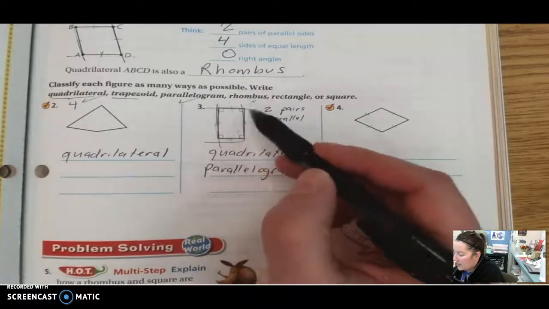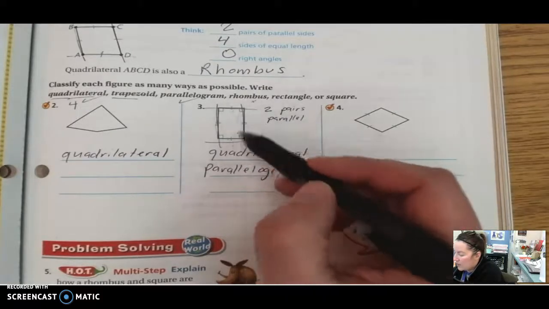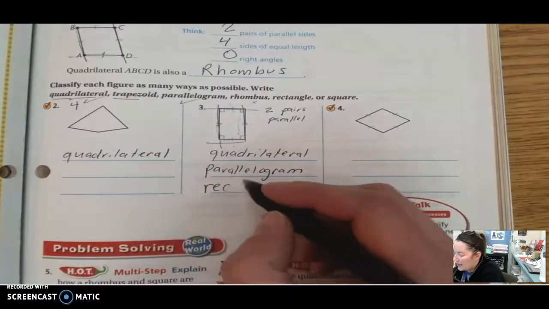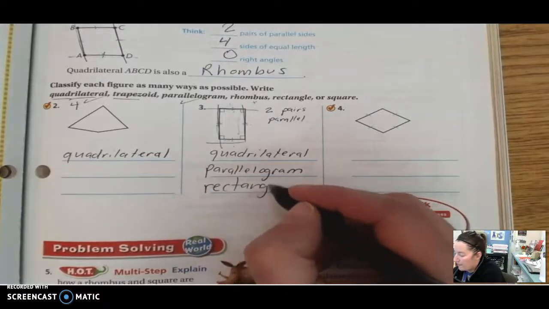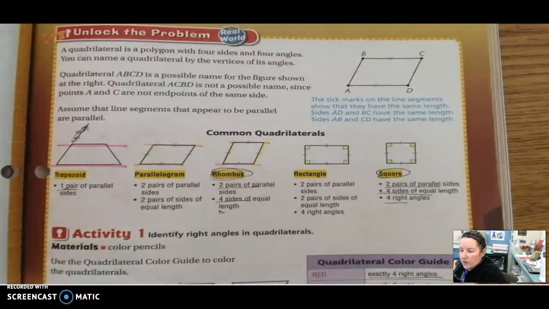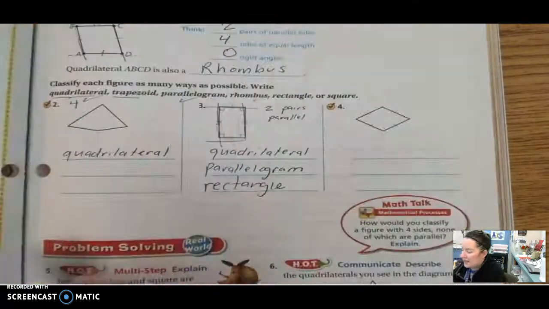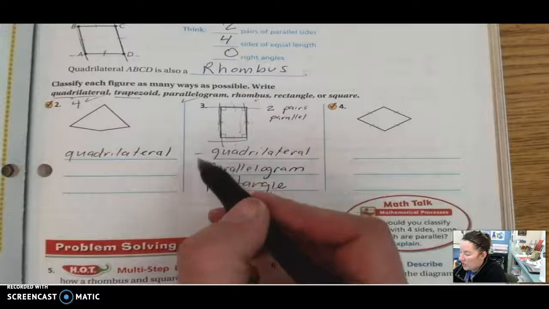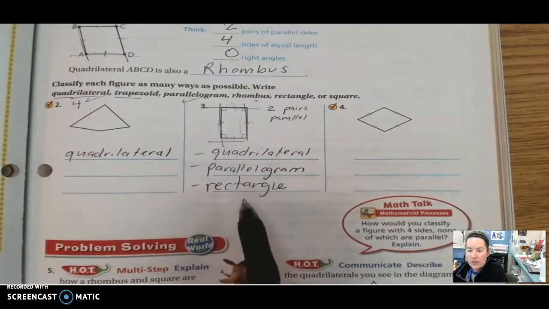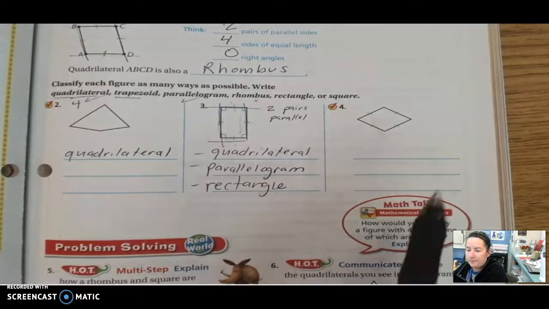The opposite sides are equal, they're parallel, and it has 4 right angles. So this is also a rectangle. And then is it a square? Well, a square, as we know, has to have equal sides. This does not have equal sides. So you could classify this shape as all 3 of these: quadrilateral, parallelogram, and rectangle.